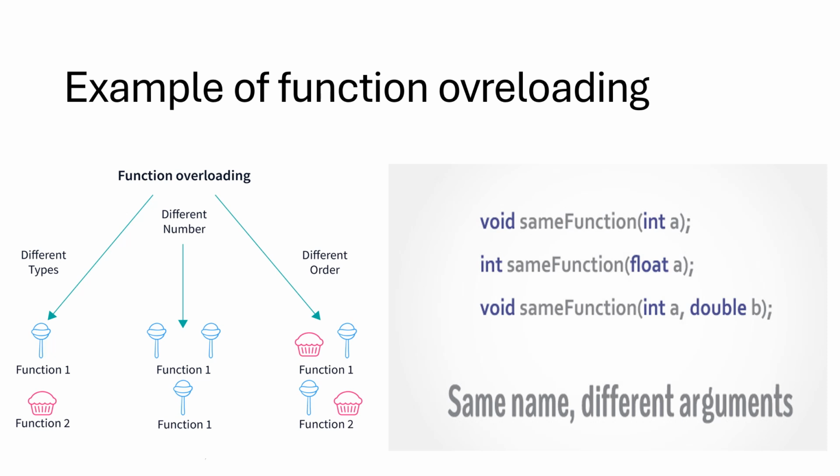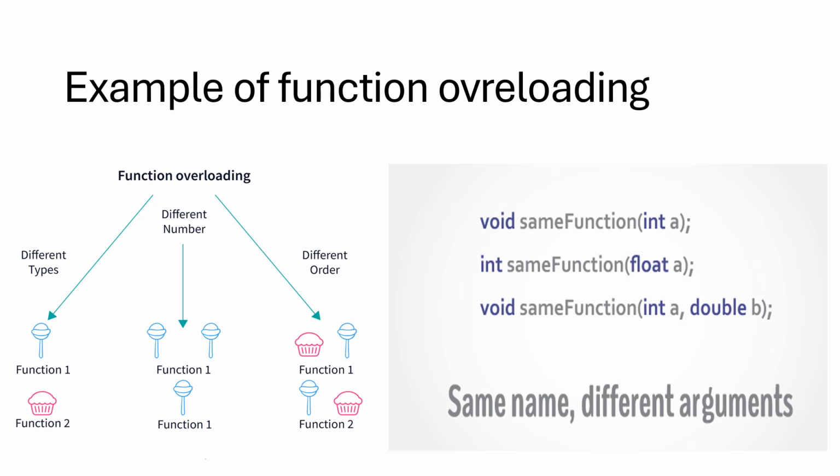And number: with the same function name, different numbers of parameters can be used. For example, in one function we are adding two numbers, in another function with the same name we are adding three numbers, and so on. Like this, in the parameter argument list, the number can be different.